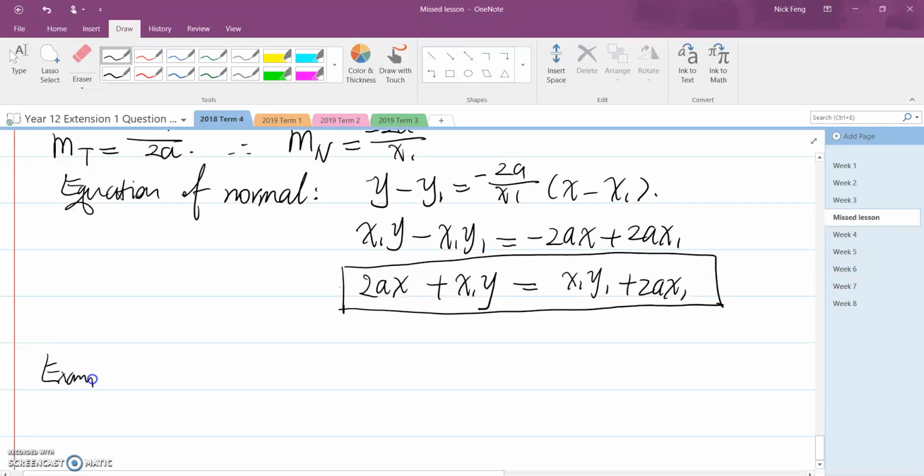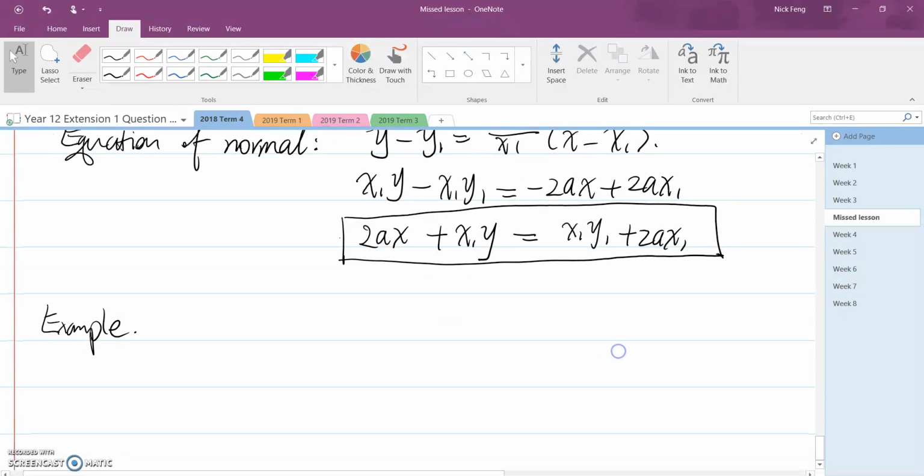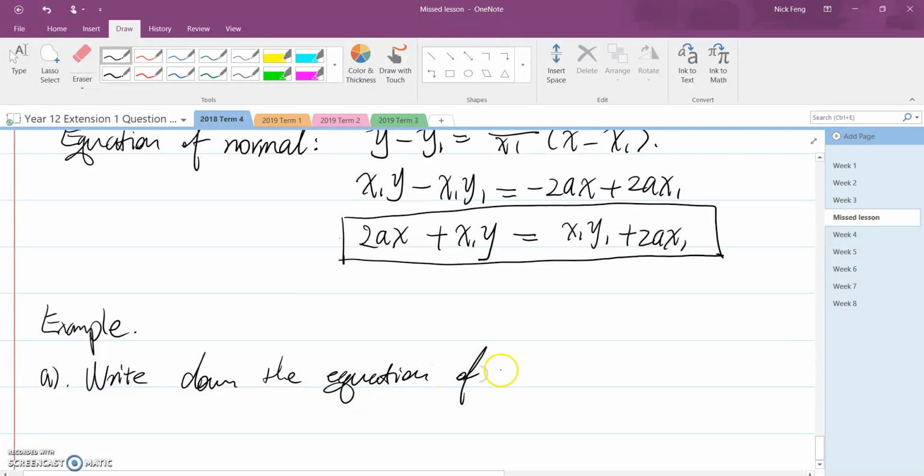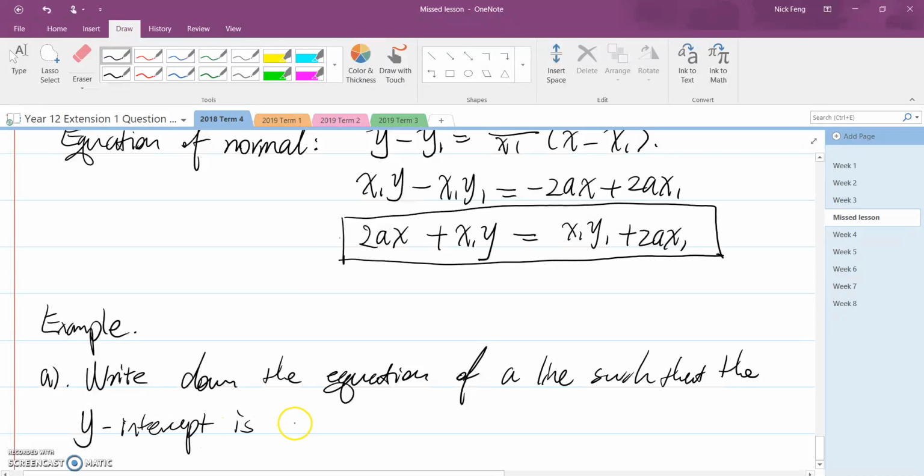So example, part A, let's write down the equation of a line such that the y-intercept is -2.